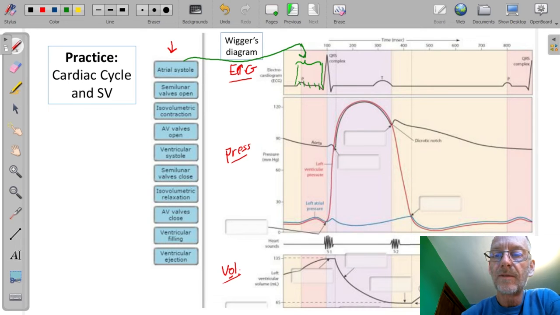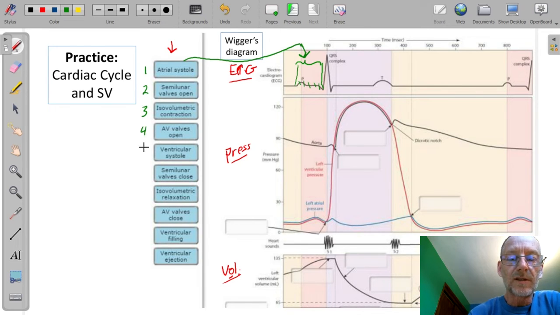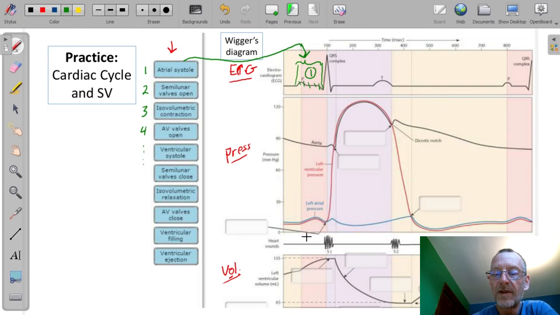That period. It's also associated down here, so maybe what would help is to number these. You could do it this way, or you could just write in the boxes, but that might get kind of messy. So, if that was number 1, where would that correspond down here? Well, that region would also correspond to atrial systole.